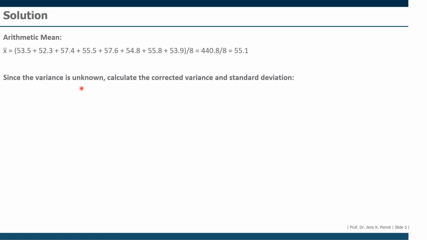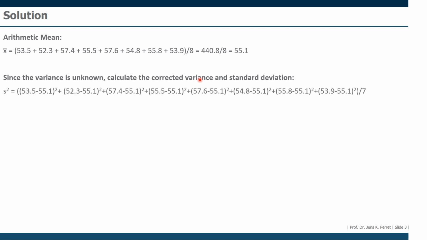So well, in either case, we need the standard deviation. So let's start first off with the variance and calculate the corrected version, the sample variance, which here is simply taking each value, subtracting the arithmetic mean, and then the result to the power of 2. We're doing this, as I said, for each of our 8 observations.